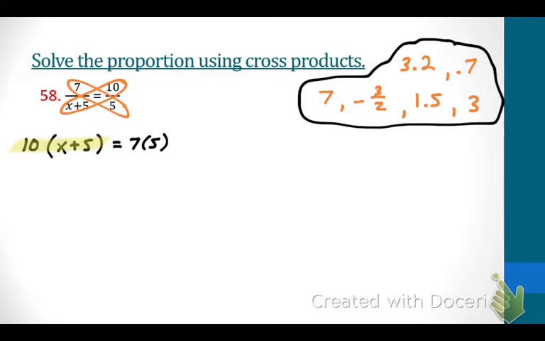Okay. What do I have to do now with that 10? I have to distribute it using the distributive property, which means I have to multiply it by that and multiply it by that. A lot of things I've seen people do today, they have added it, but you got to multiply. Guys, what's 10 times x? 10x. Plus, what's 10 times 5?